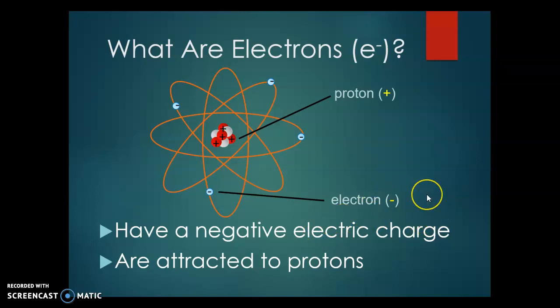An interesting thing about these negative electrons is they are attracted to the positive protons, just like how you might see on a magnet how the negative side is attracted to the positive side. In electricity and electromagnetism, you have these electrons attracted to the protons. So make sure you have this diagram written down.